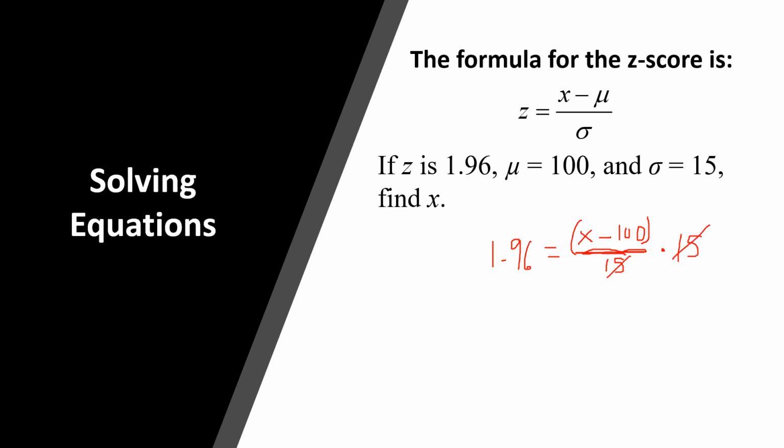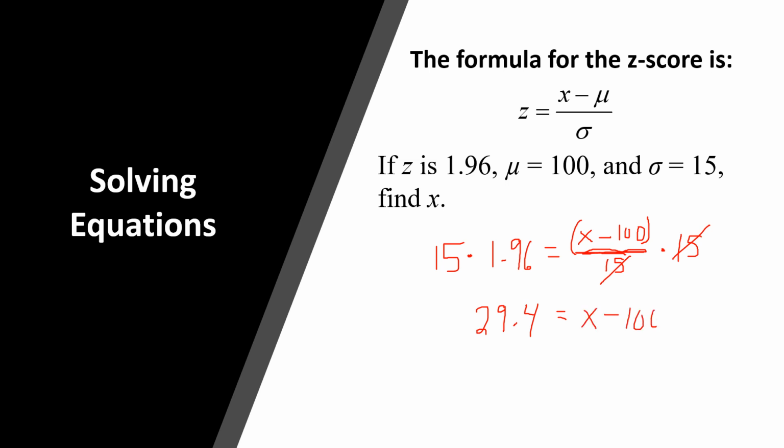That will cancel, and since we multiplied by 15 on the right hand side, we have to multiply by 15 on the left hand side. 15 multiplied by 1.96 is 29.4, and that is equal to, these are gone, x minus 100.